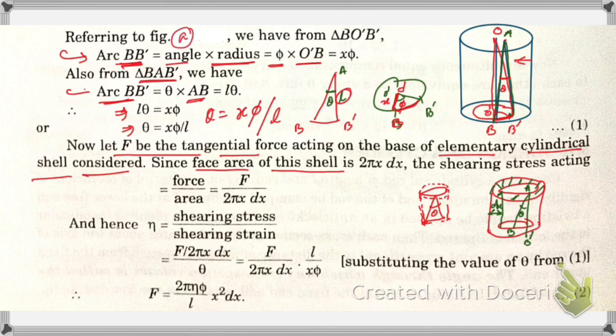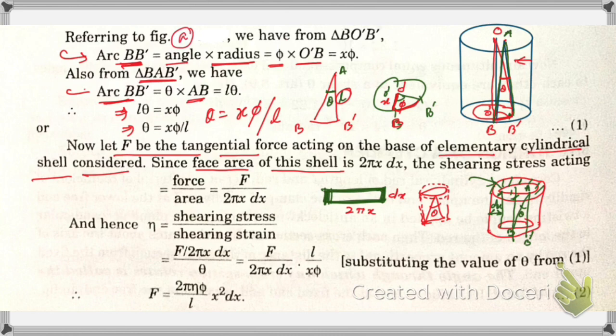If you vertically cut it, you will get this ring as almost a rectangle. It will take the shape of a rectangle, not exactly, but similar to a rectangle. So we can consider it a rectangle. So dx is the breadth here, and the length will be equal to 2 pi x, right?